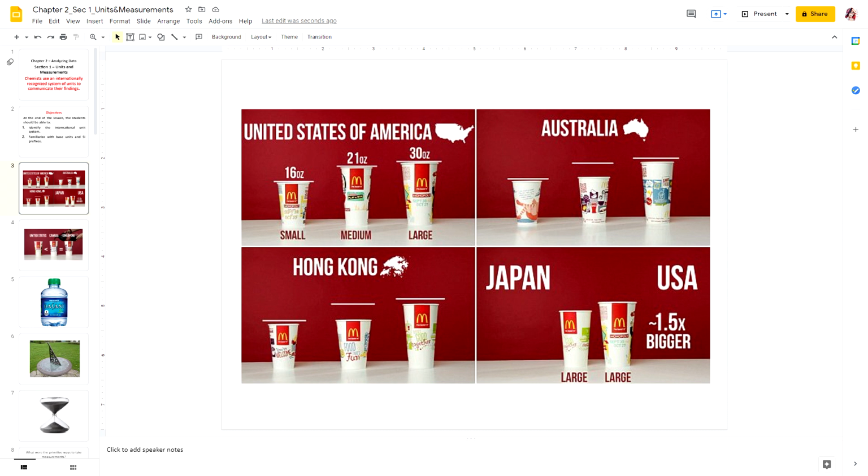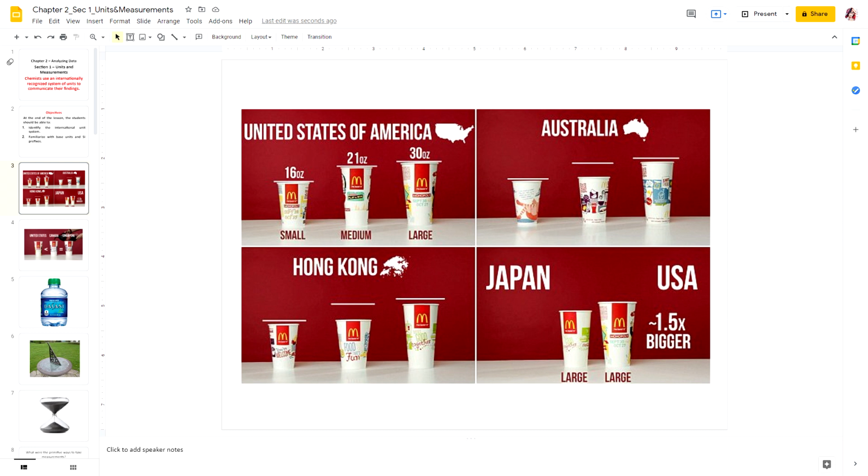And for the large one, it's still a little smaller compared to the 30 ounces of that in America. The same is true with the ones in Hong Kong. It seems that Australia and Hong Kong have the same type of sizes. Okay, and in Japan, it shows here that they only have two sizes.